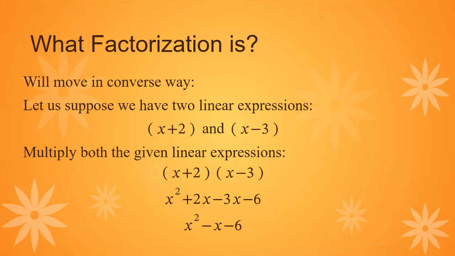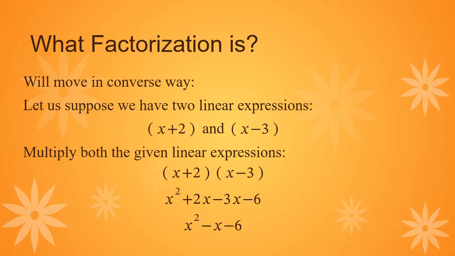Now continuing with what factorization is. Basically, factorization is a method to convert given polynomial into its linear factors. Here in this example, we will move in a converse way. Let us suppose that we have two linear expressions x plus 2 and x minus 3. We are multiplying both the given linear expressions, that is x plus 2 multiplied by x minus 3.